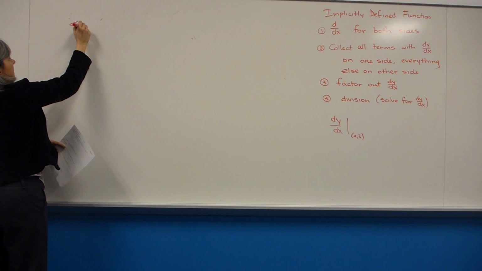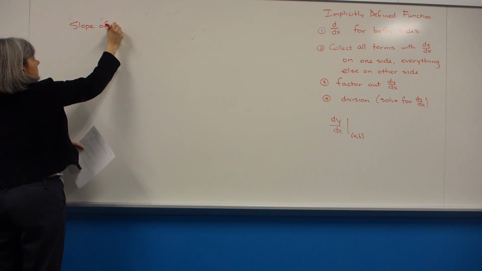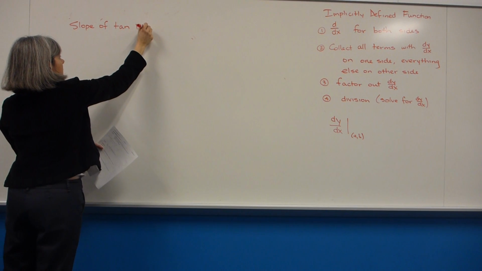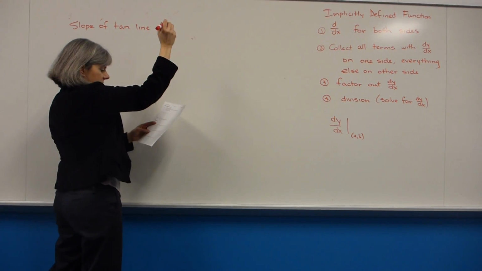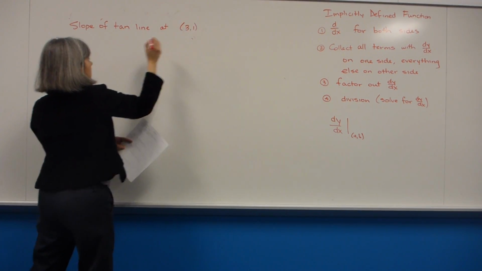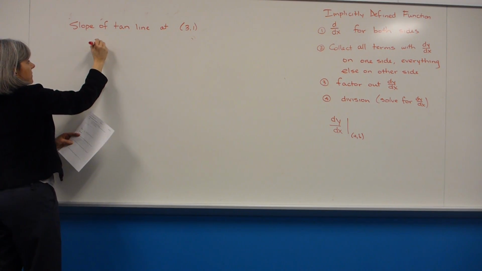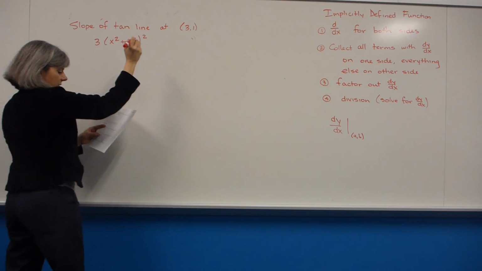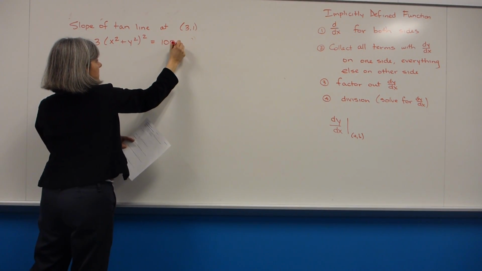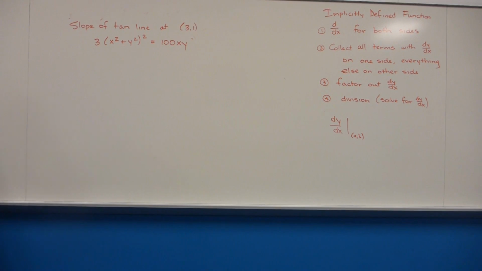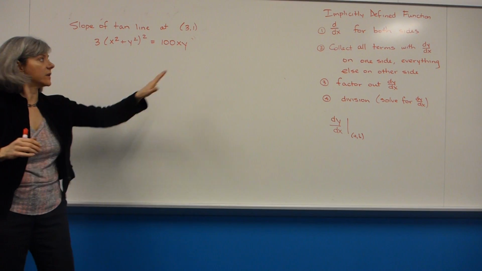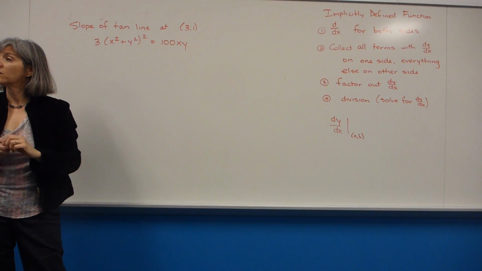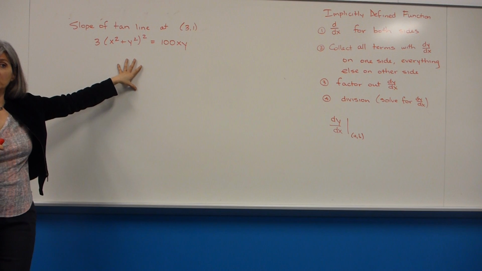So again, slope of the tangent line at 3, 1, and your equation is 3x squared plus y squared squared equals 100xy. Let's talk about how to identify what to do, and then I'm going to turn you loose to give it a go.